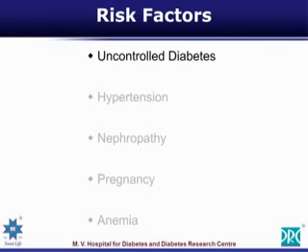What are the risk factors for diabetic retinopathy? I will say the most important risk factor for diabetic retinopathy is diabetes itself. Unless the patient is diagnosed to have diabetes, he is not going to have diabetic retinopathy.